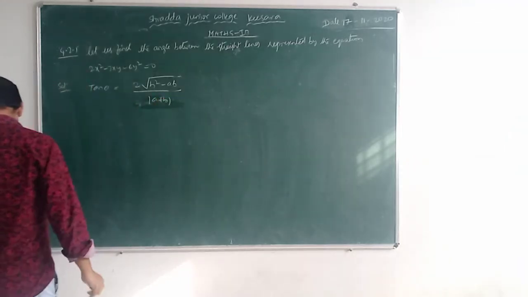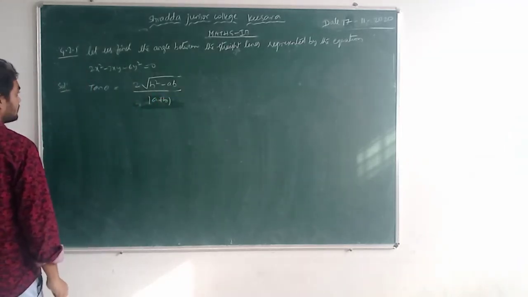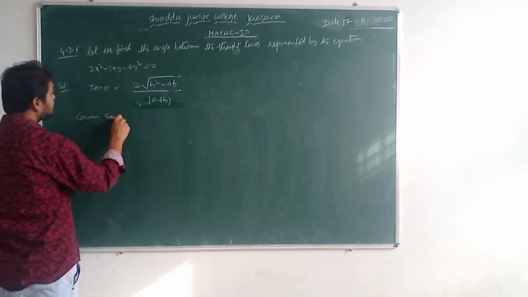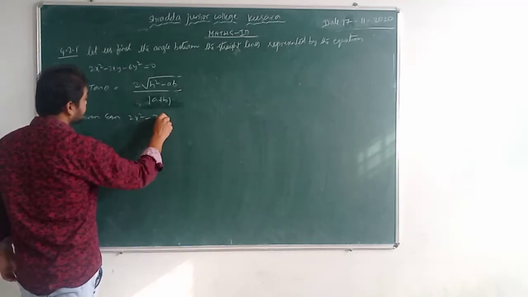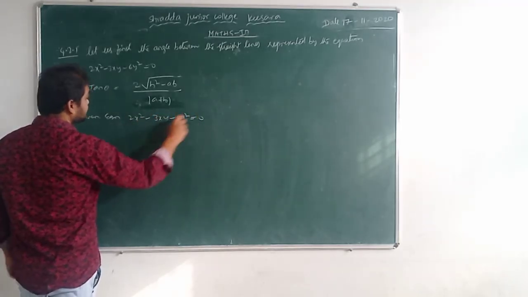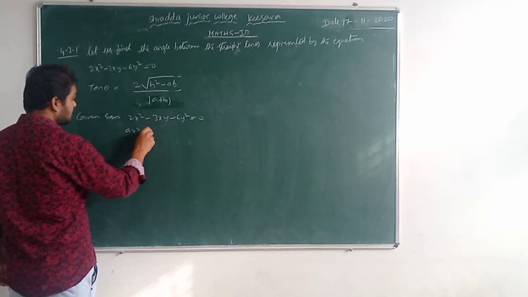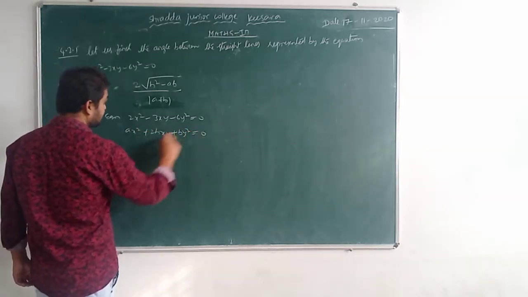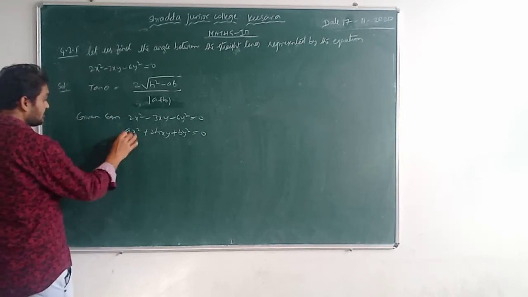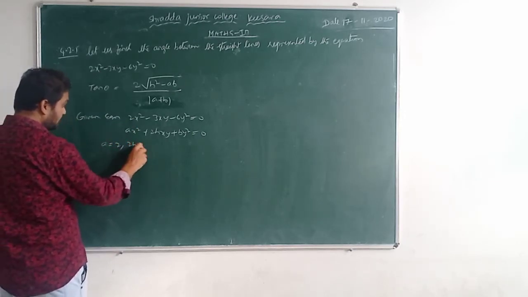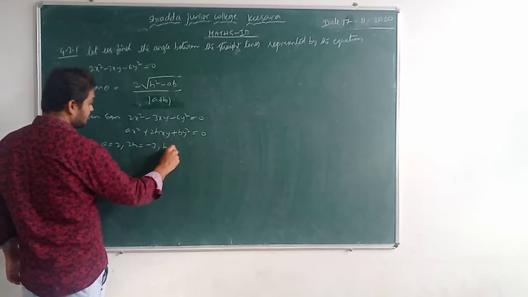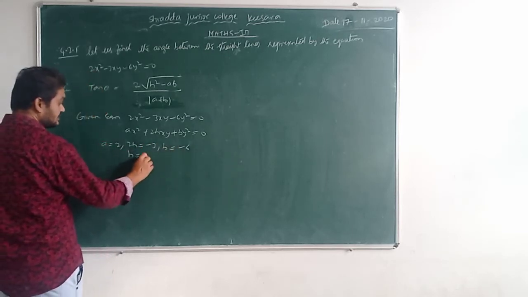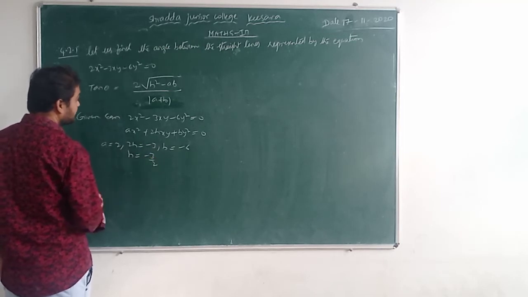See now, what is the given equation? 2x square minus 3xy minus 6y square equals 0. This is in the form ax square plus 2hxy plus by square equals 0. Now what is a here? a equals 2, 2h equals minus 3, b equals minus 6. So what is h here? The h value is minus 3 by 2.